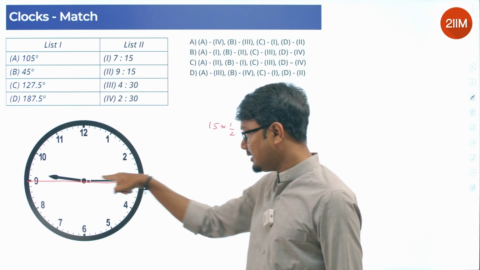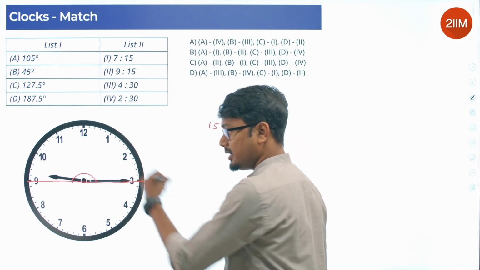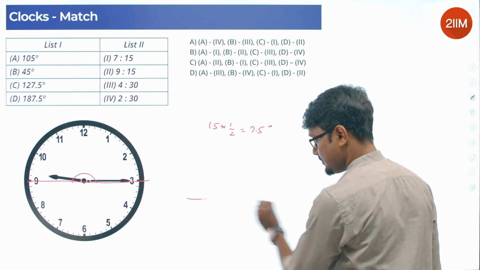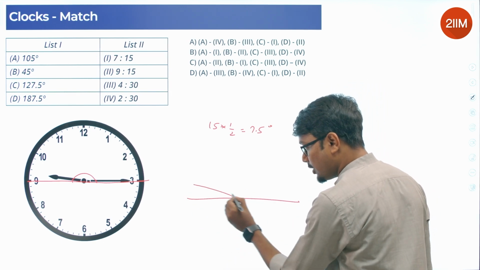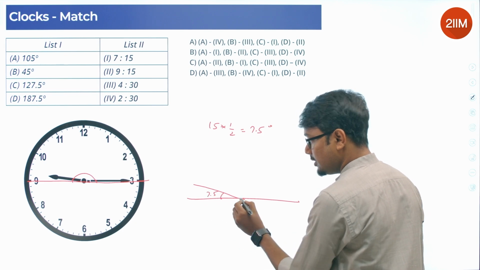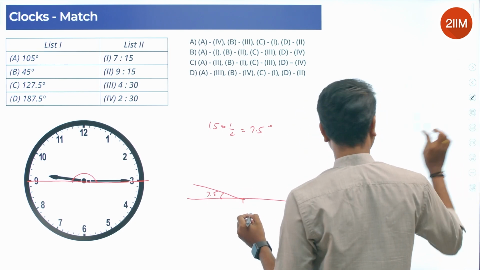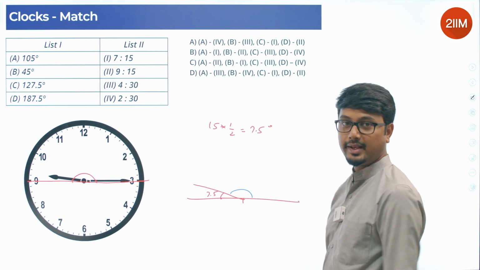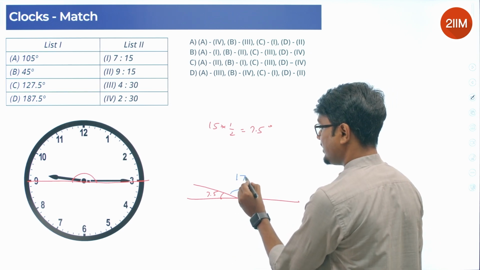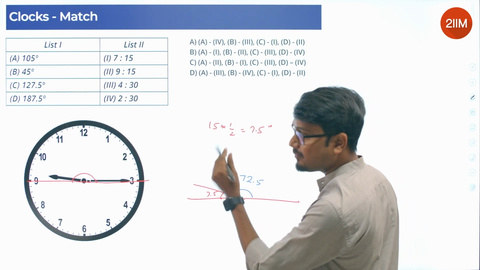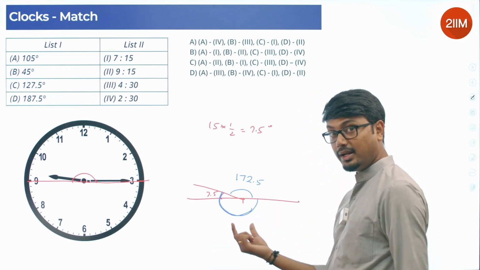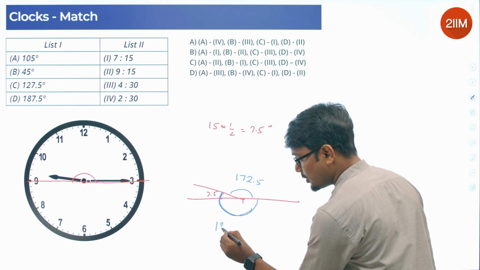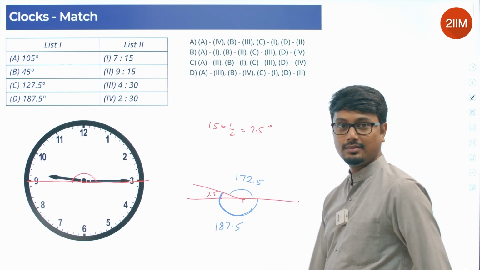So altogether it is 180 degrees, 7.5 gone, this would be 180 minus 7.5, that is 172.5. Do we have 172.5? No, but the other way around, this will be 180 plus 7.5. This is 187.5. So we have this.